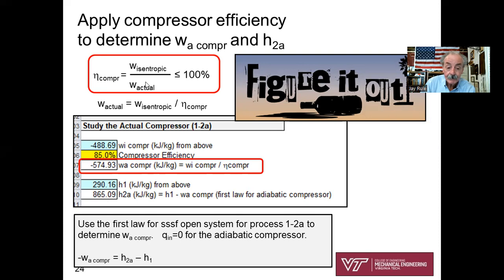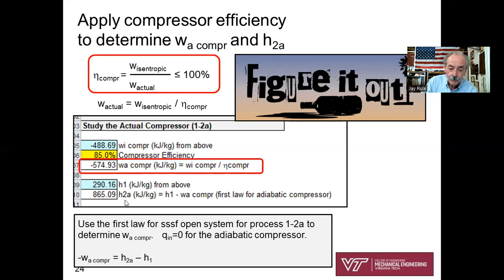It's going to take more work to drive the compressor than the isentropic situation. That's the way you figure it out. So the actual work is W isentropic divided by the compressor efficiency. So there we go. Here are our numbers. Negative 574.93 kilojoules per kilogram, actual work needed by the compressor, W dot over m dot.